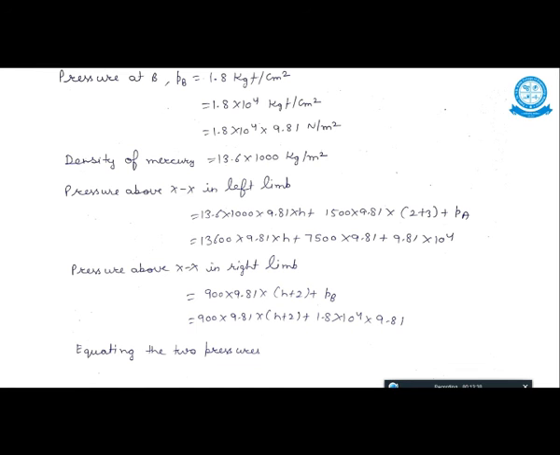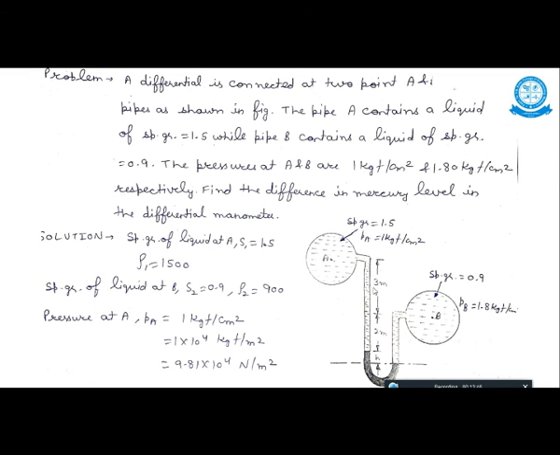Plus the liquid at point A, so it is 1500 into 9.81 into height, which will be 2 plus 3. Here it shows 2 plus 3. It is the height of the center of pressure from the mercury level.